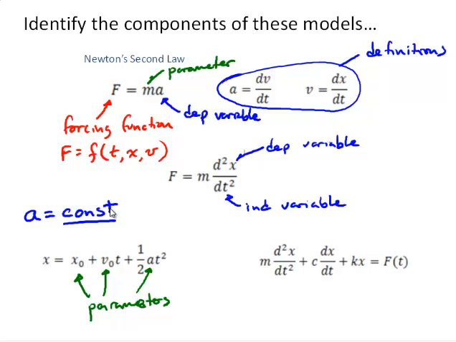And if the acceleration is a constant, suddenly that becomes a physical characteristic of that system, and thus a parameter. And now we have an independent variable again in this case with time, and our dependent variable again is x.